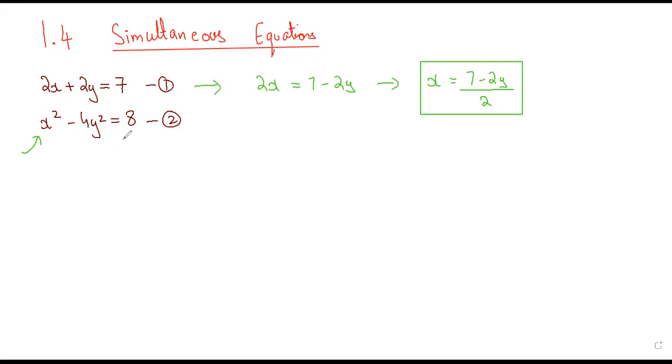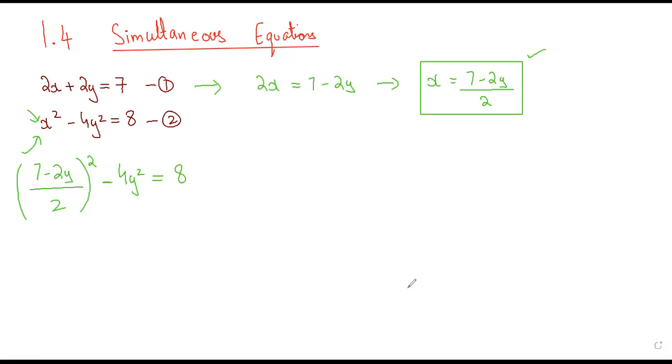And then we know how to solve any quadratic equation. So let's plug in this value. x is (7 minus 2y) divided by 2, so squared, minus 4y squared equals 8. This is equation 2 after plugging in the value of x.